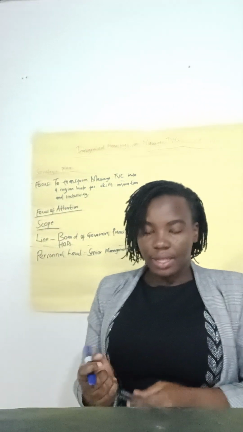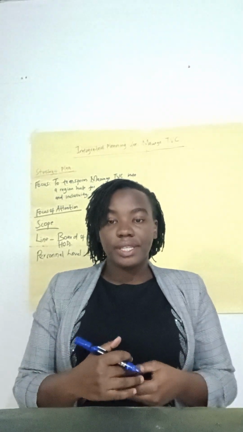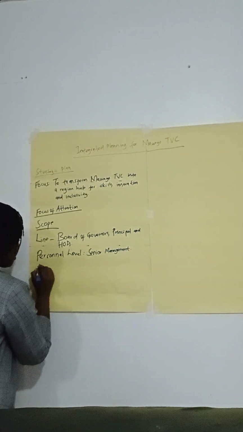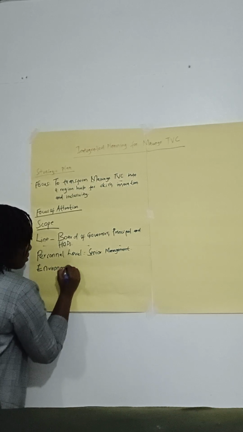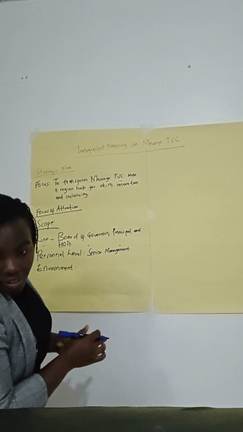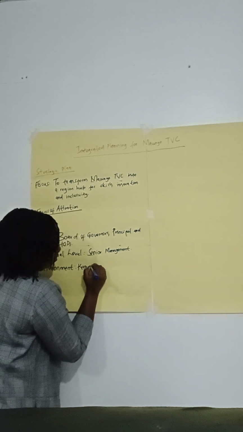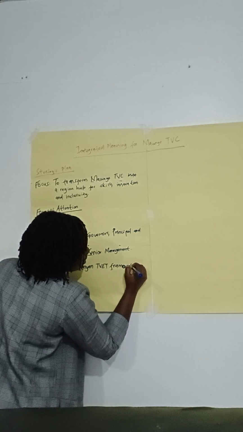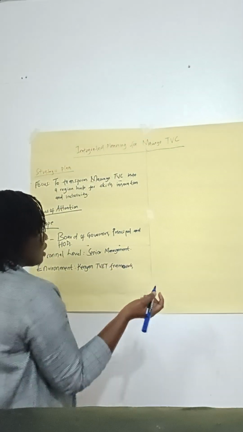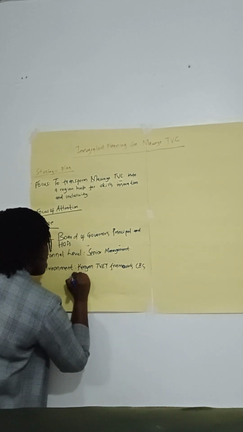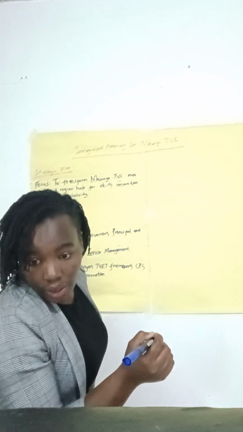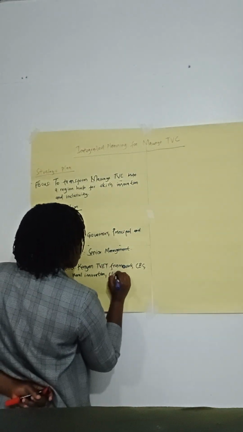Then we have the environment. The environment is the Kenyan TVET framework, CBC, rural innovation, and climate adaptation.